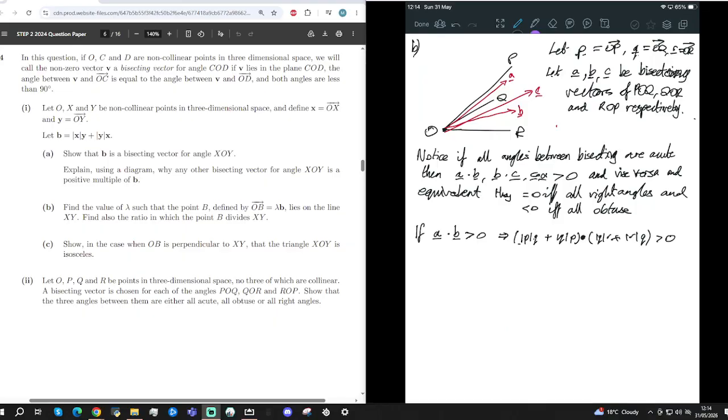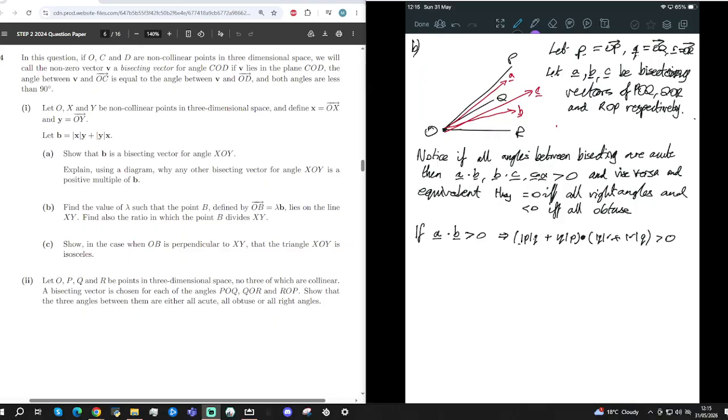And if I dot these together, do I want to expand these out and see what happens? I quite like to have the dot product between A and C pop out. Maybe I want to do the equals 0 case first. Maybe the equals 0 case is easier.